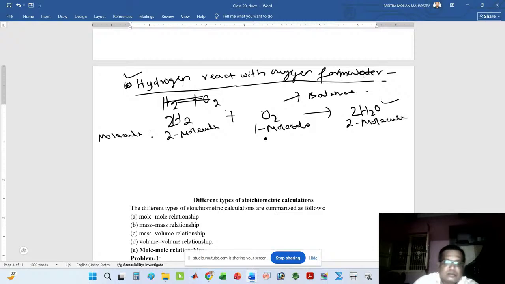Just show the coefficients: first write down the equation, then balance it, and then you can express the chemical equation in terms of different parameters, that is molecule, mole, volume, or mass.